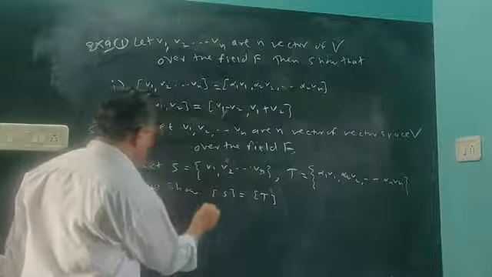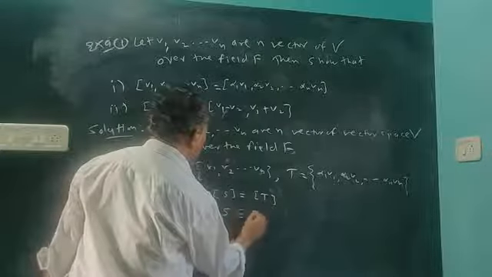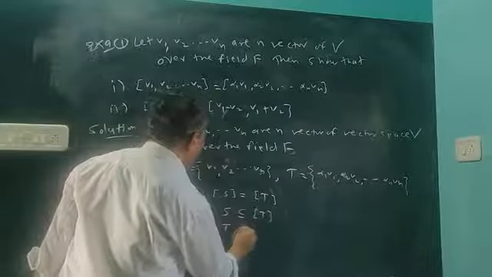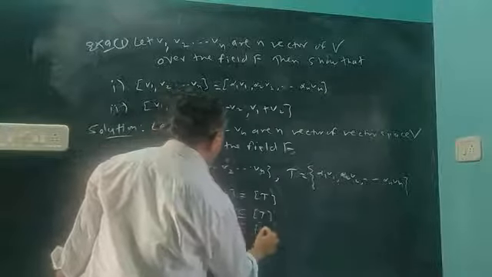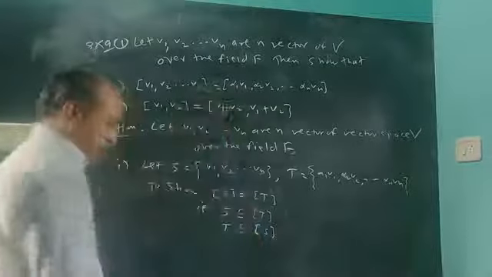That means we try to show here S is a subset of span of T and T is a subset of span of S. Two points, then you complete.